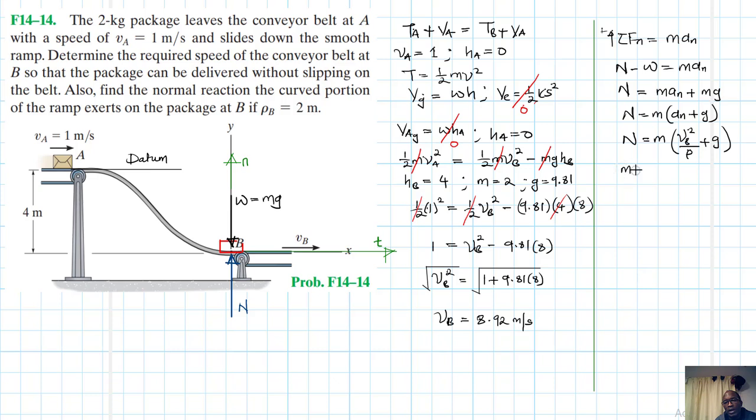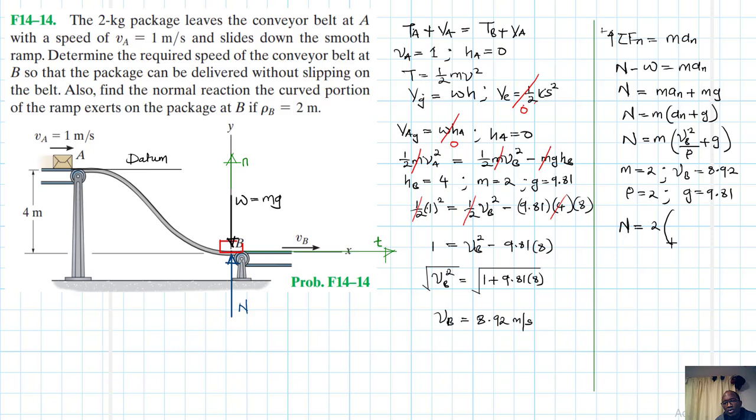We know that our m is equal to 2 kg, VB we calculated as 8.92, rho is equal to 2, and the acceleration due to gravity is equal to 9.81.